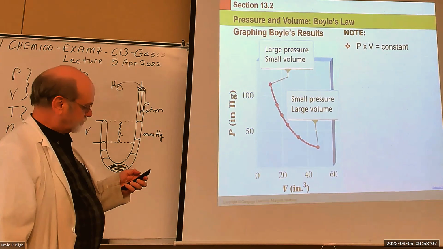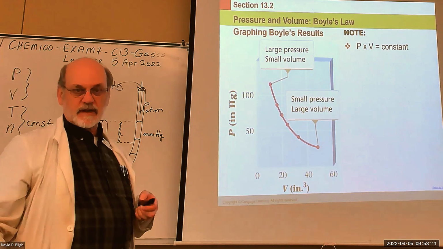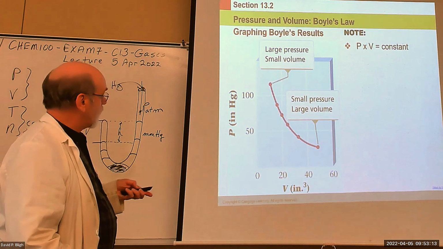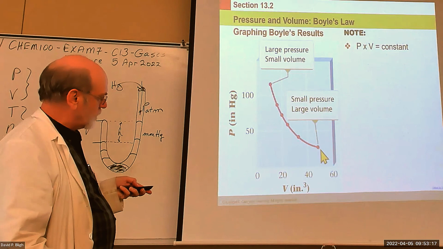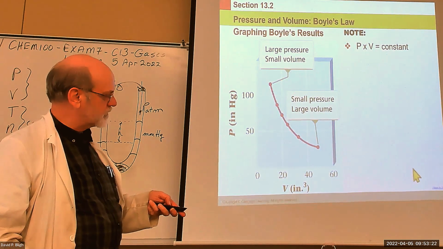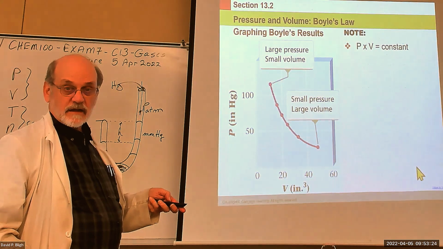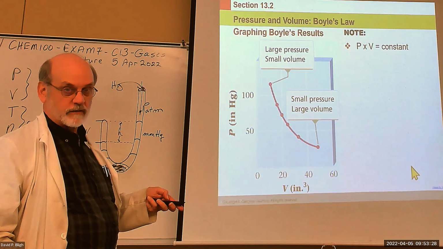And notice the shape of the curve is, if you carry it on out, if you keep going out here, just keep going as the pressure decreases, the volume increases, you'll find that that curve never touches the axis, ever.